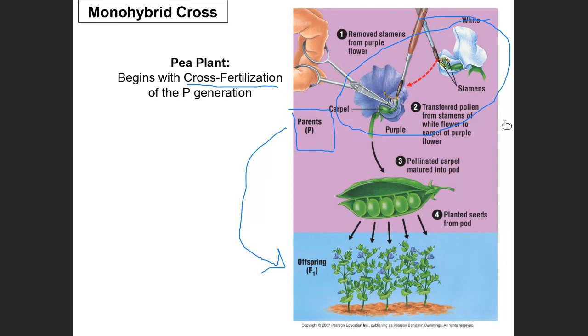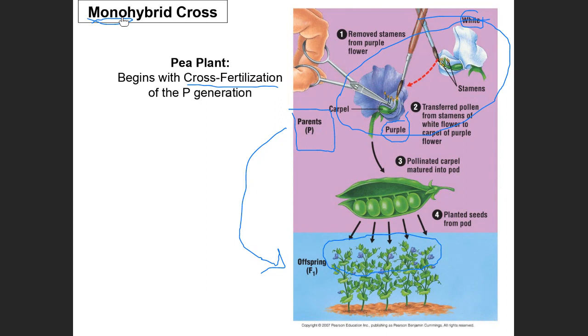Okay, so what they're showing you here represents specifically a monohybrid cross. What he's focused on in this cross has to do with flower color, purple versus white. So if you look at the pea plants here, notice they're trying to show you when Gregor Mendel performed monohybrid crosses, focusing on one trait, which had to do with flower color.